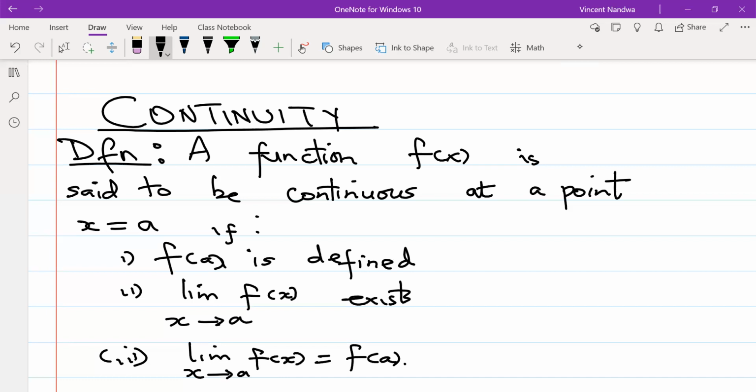The second condition: if I evaluate the limit of the function as x approaches that particular point a, then I get a number also. And the last condition is that the function at a must be the same as the limit of the function as x approaches the same point a.